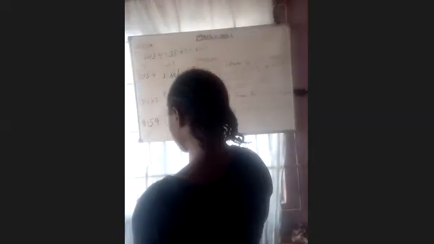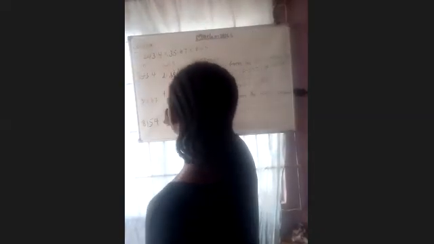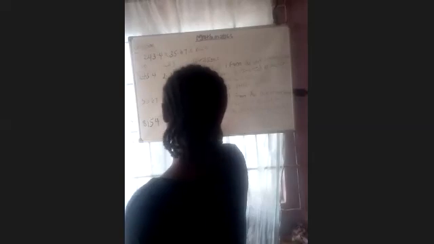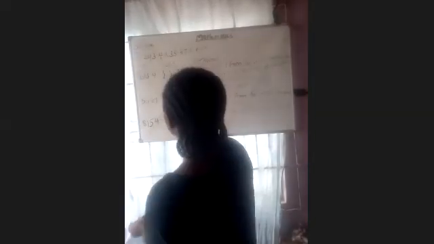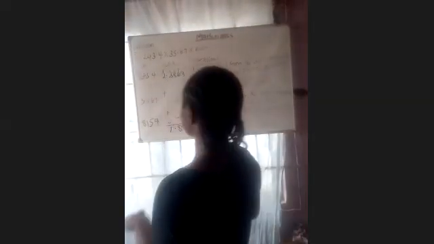We write 0, we keep 1. 1 plus 8, 9 plus 5, 14, plus 1, 15. We write 5, we keep 1. Then 1 plus 3, 4, plus 5, 9, plus 9, 18. We write 8, we keep 1. So 1 plus 2, 3 plus 1, 4, plus 3, 7. So this is 7.8500 when we add up.